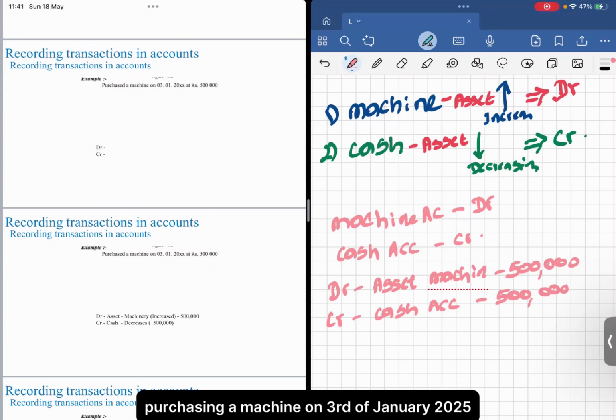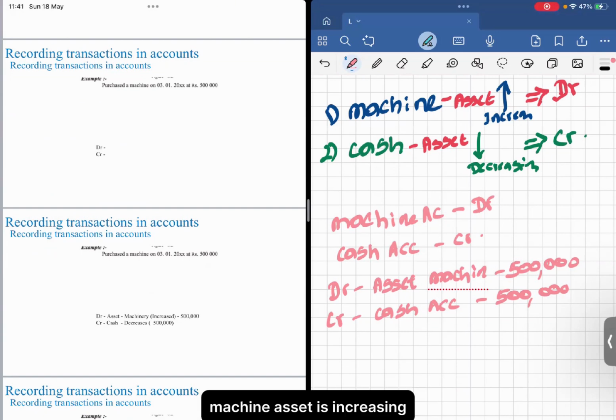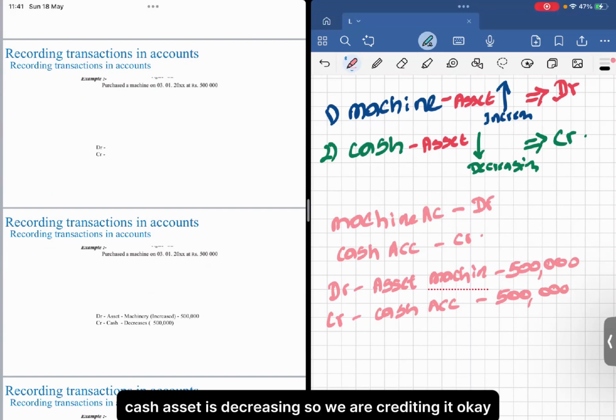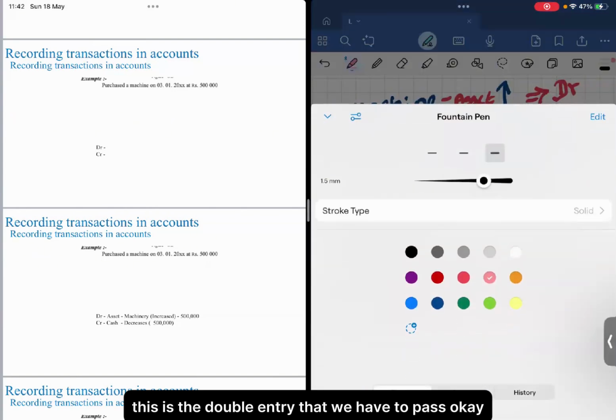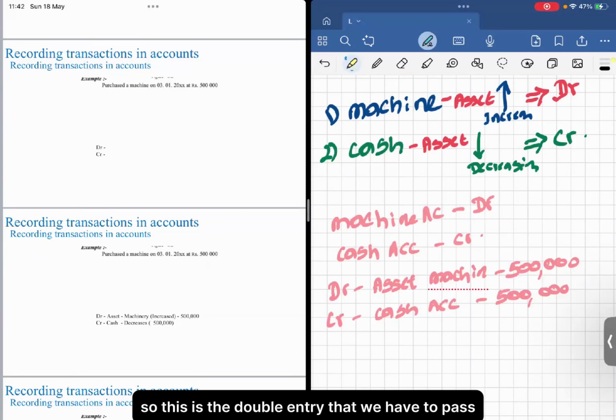Purchasing a machine on January 3rd, 2025 for rupees 500,000. On one hand, the machine asset is increasing, so we are debiting it. On the other hand, the cash asset is decreasing, so we are crediting it. So when we are recording the transaction, this is the double entry that we have to pass.